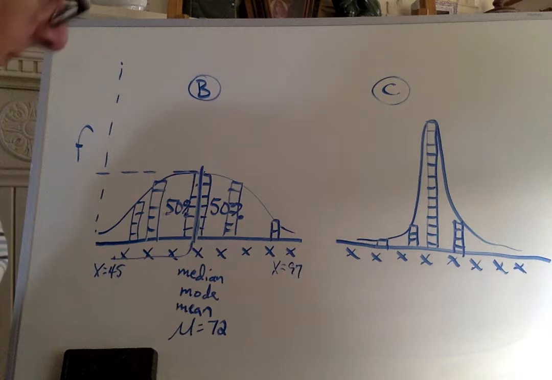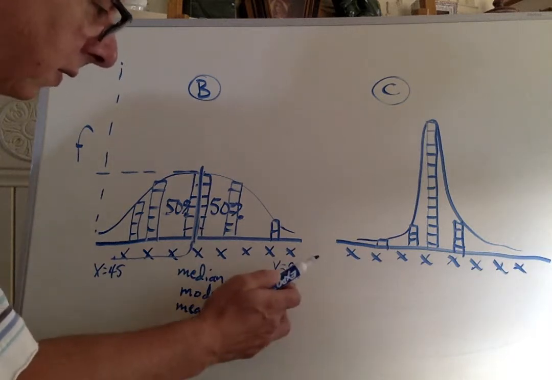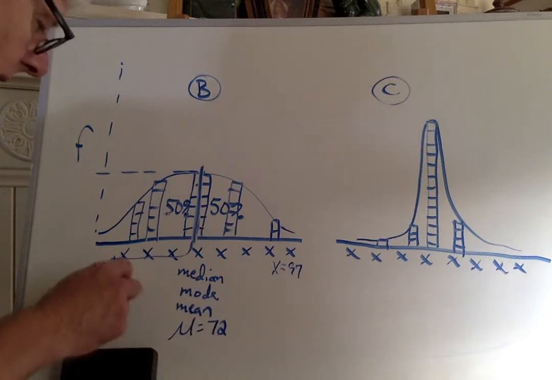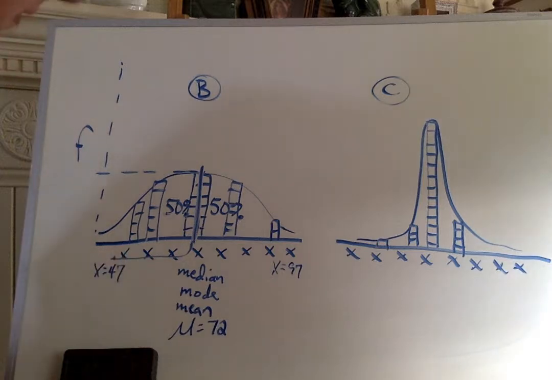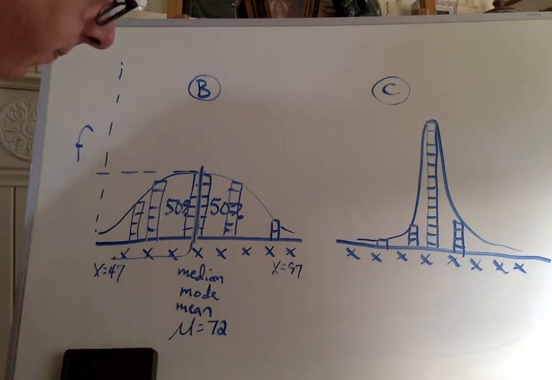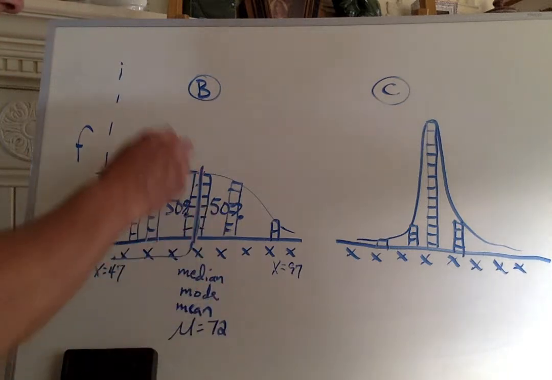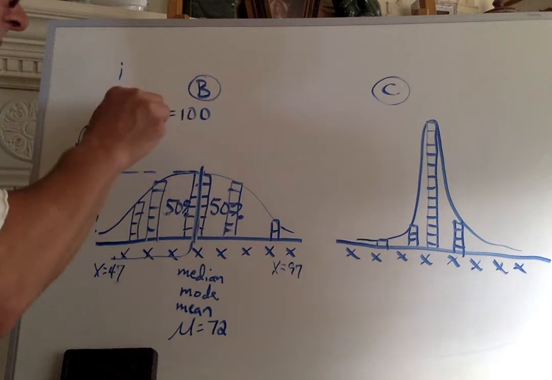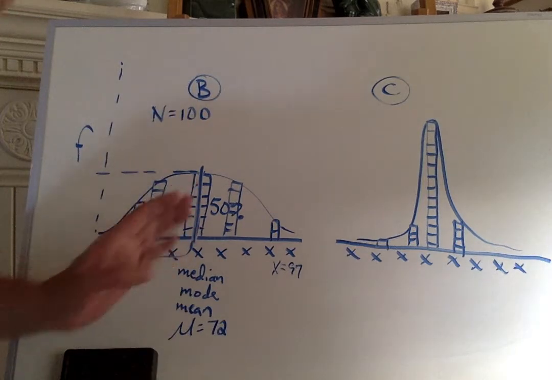I guess if we want it to be symmetrical, so this is 25 above, this is 25 below, maybe we should make this a 47. Okay? That way it's really nice and symmetrical. Let's, for the sake of argument here, say that there are 100 people in this distribution.